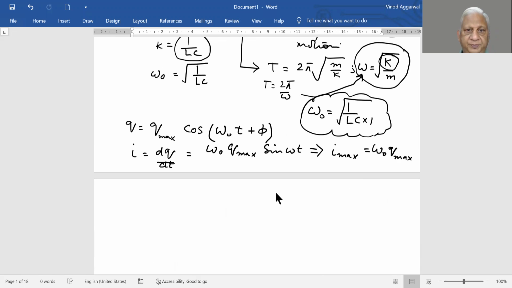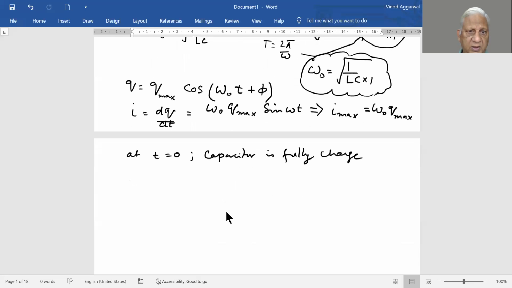Now what happens is at time t equal to 0, the capacitor is fully charged. And as the time passes by, the capacitor starts getting discharged. And it goes on till Q becomes 0. At that time, I is maximum.